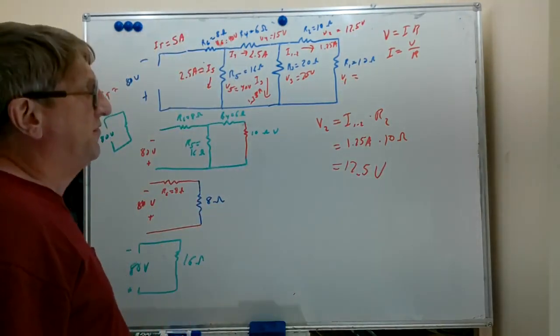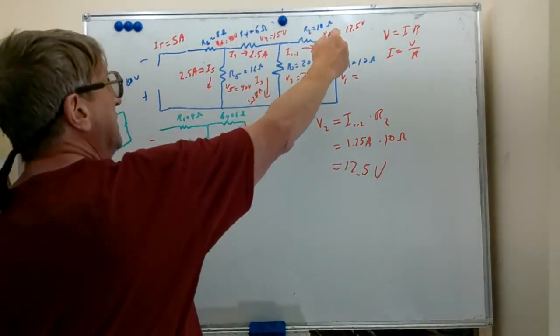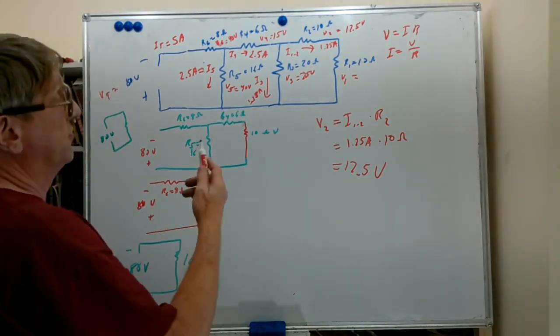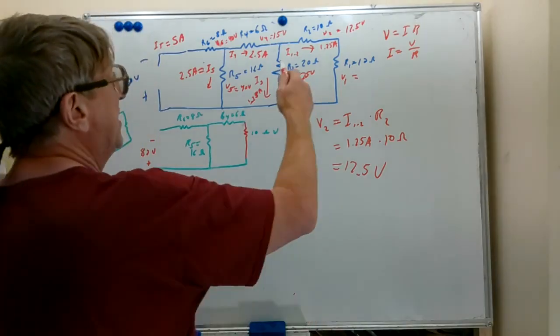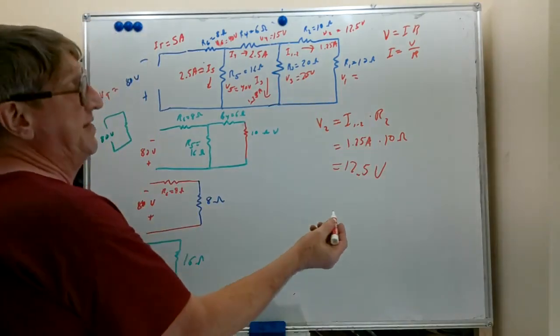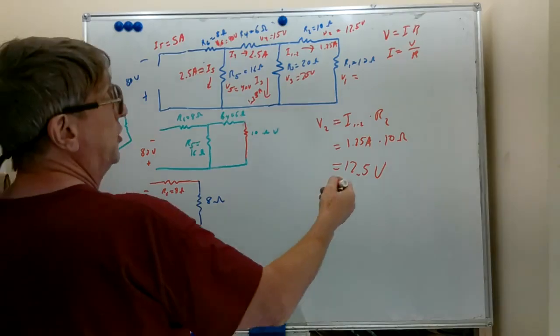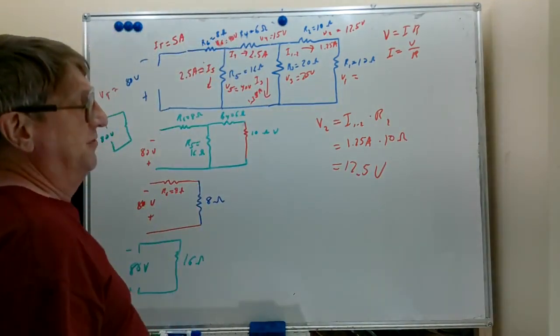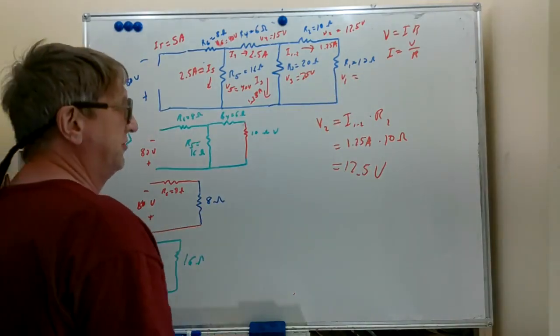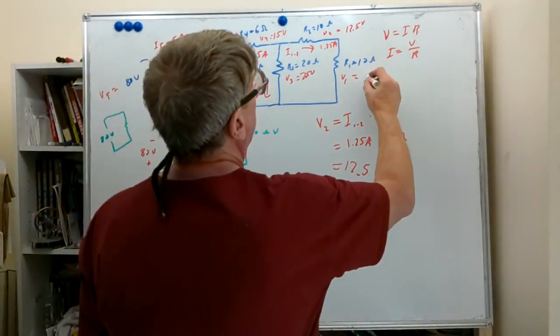We could do the same thing with V1, but current's the same through a series circuit everywhere, so current through R1 and R2 is the same. The values of R1 and R2 are the same, so we're going to get the same result. There's really no point in it, but if I just put R1 here, now we've done it. We substituted 10 ohms, so basically that's going to be 12.5 volts also.